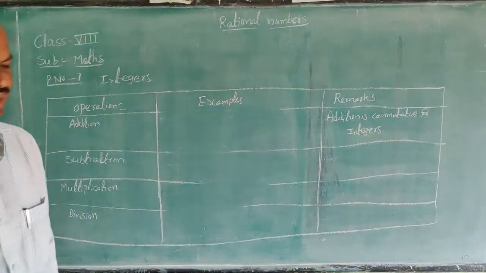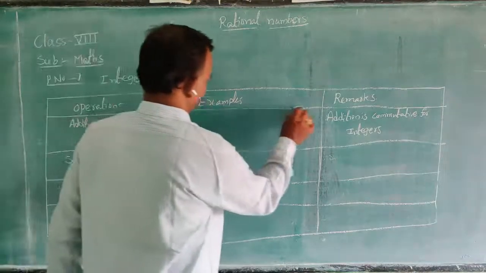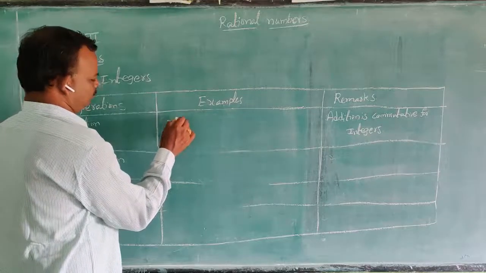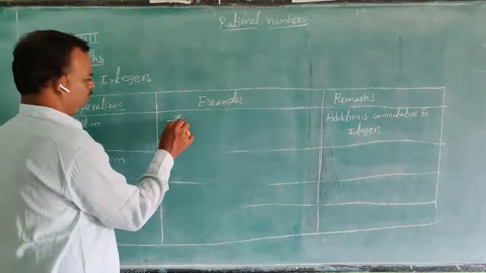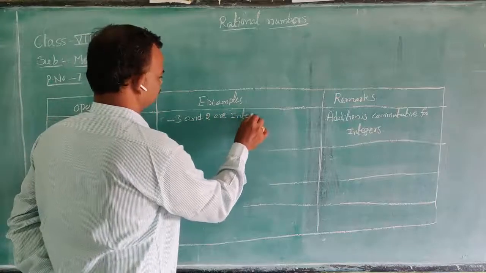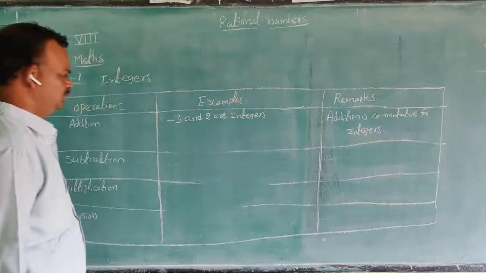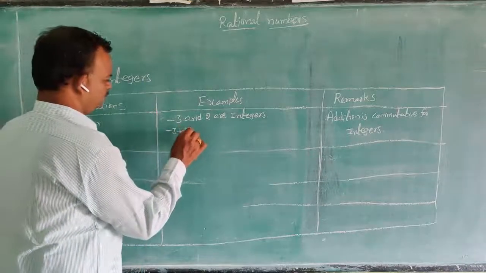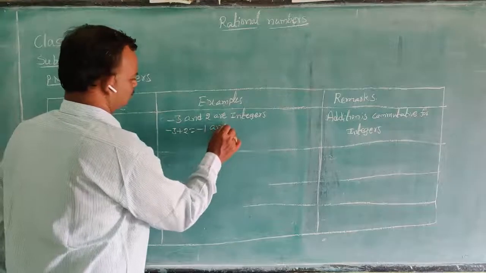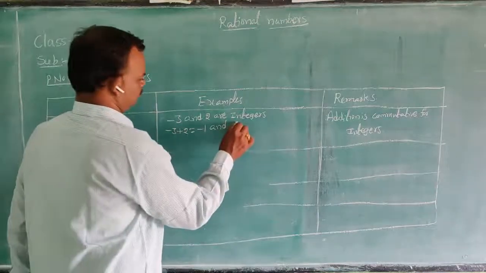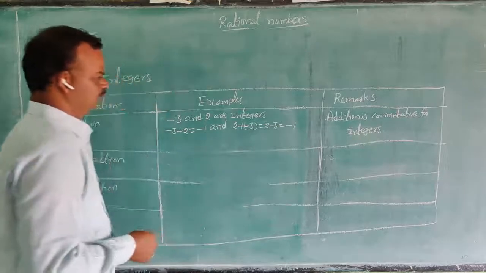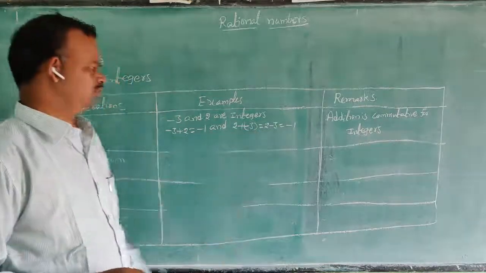For integers, we will write an example. So I am taking -3 and 2. -3 plus 2 is equal to -1, and 2 plus -3 is equal to -1.